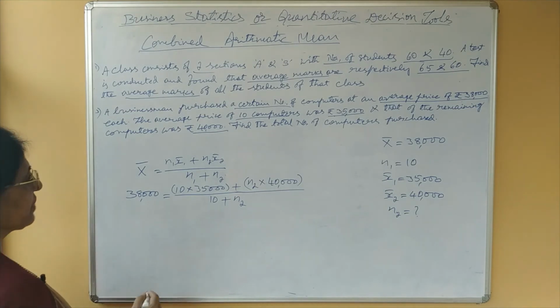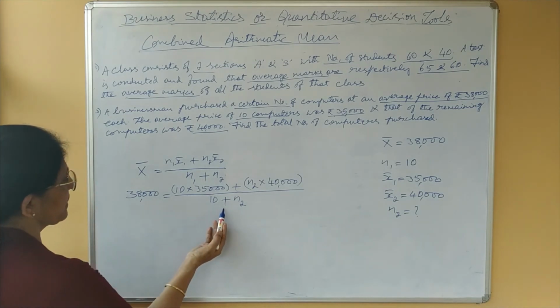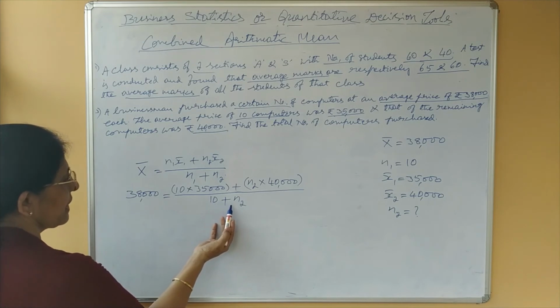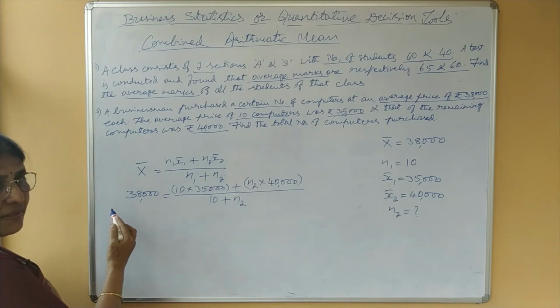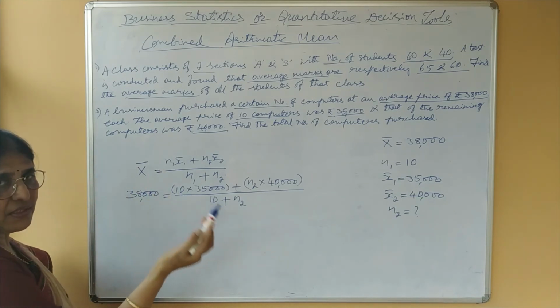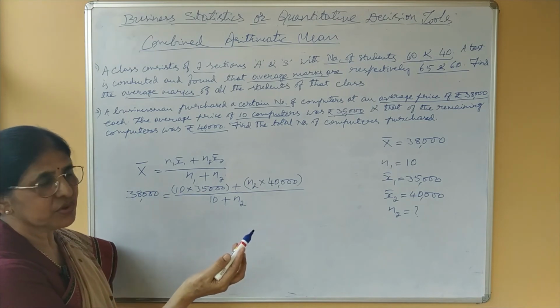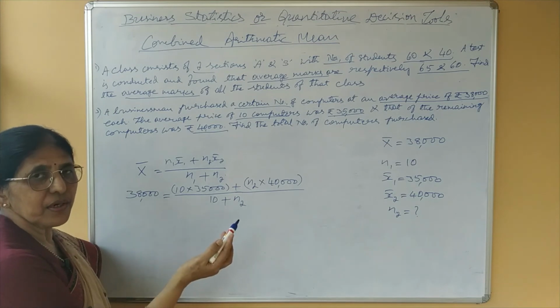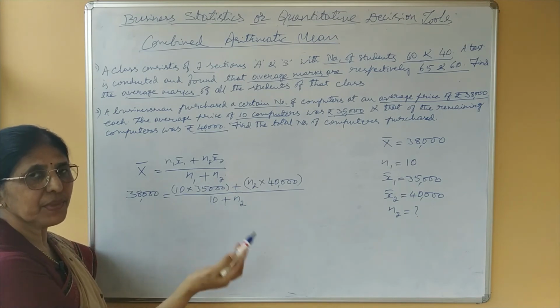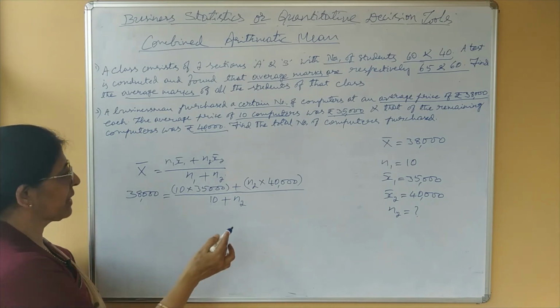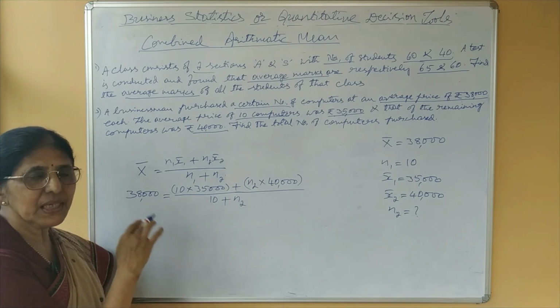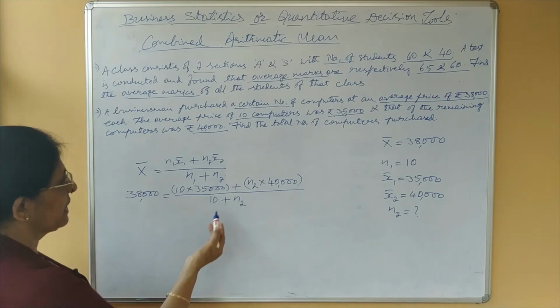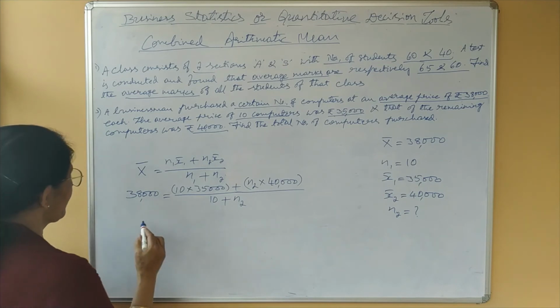Now what you have to do, you have to shift this denominator to the left side. When we shift, the mathematical rule is known to you: when we shift from left to right or right to left, plus will become minus, minus will become plus. In the same manner, multiplication will become division and division will become multiplication. Here the division will become multiplication.